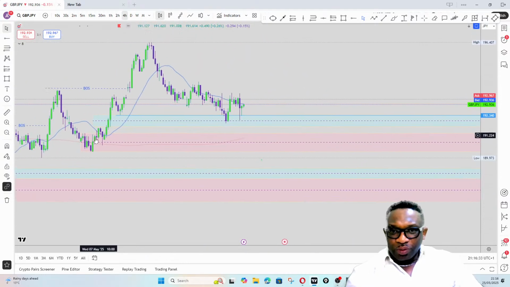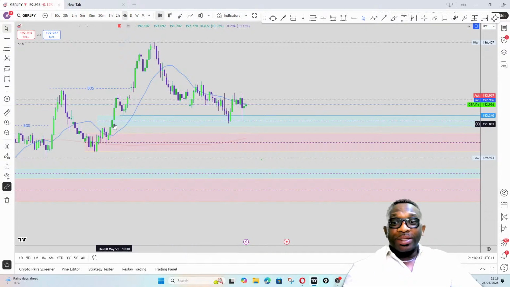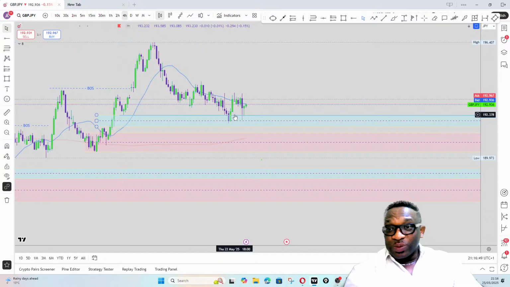Now we're going to focus our attention on this recent area where we had this push up. Currently, this imbalance we identified on the daily time frame is where price is tapping into now.